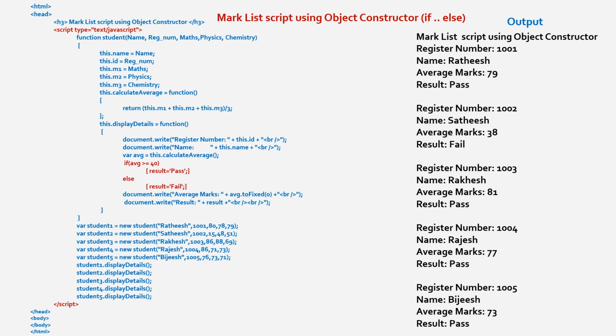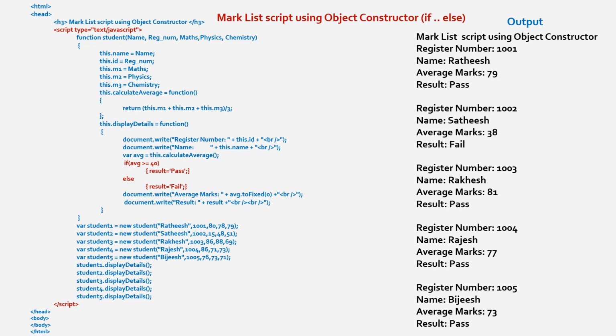During the execution of the display details method, the register number will be printed, that is this ID, then the name will be displayed. After that, the calculate method will be executed.